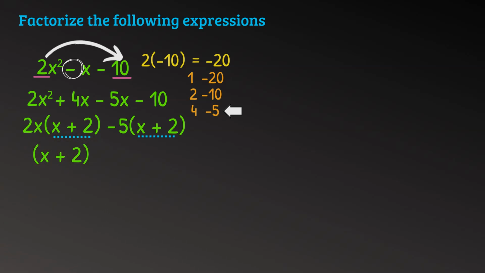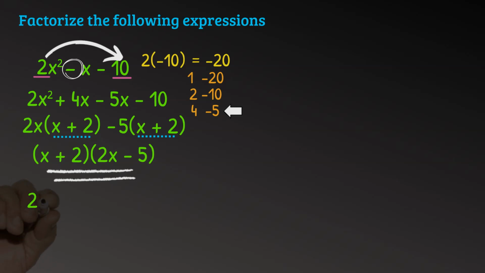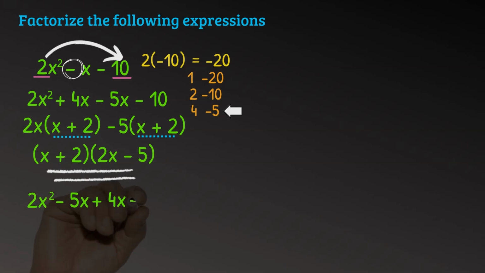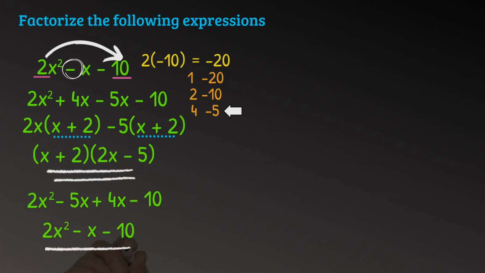And as you can see from the line above, x plus 2 is times by 2x, and also times by minus 5, so the second bracket is 2x minus 5. Now, to verify we have the correct solution, we can multiply the brackets out and we get 2x squared minus 5x plus 4x minus 10, which gives us 2x squared minus x minus 10, the same as the original expression, so we know we've done it correctly.